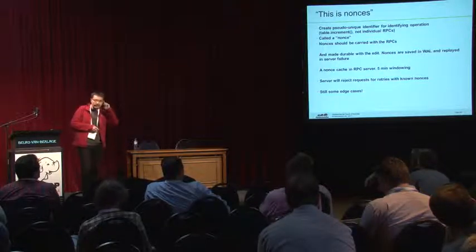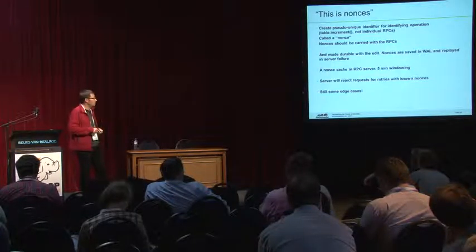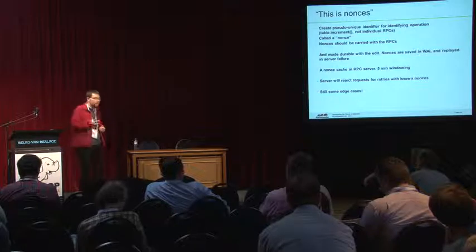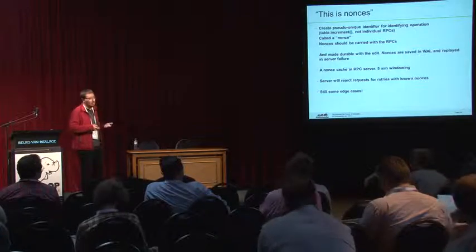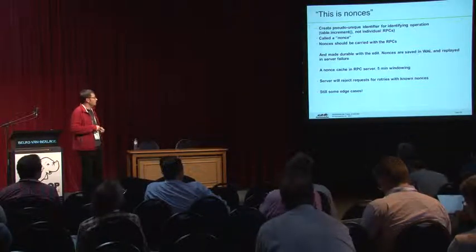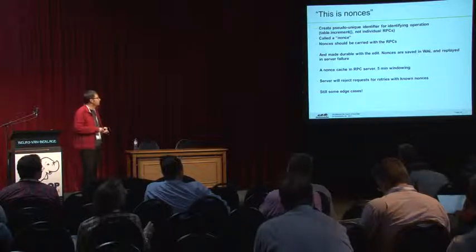To combat this, what we introduced is what's called a nonce. A nonce is a pseudo-unique identifier that's defined from the client side per operation. For example, table.increment would internally create a new nonce, which is kind of like a hash. And then this nonce is carried over with the RPC.